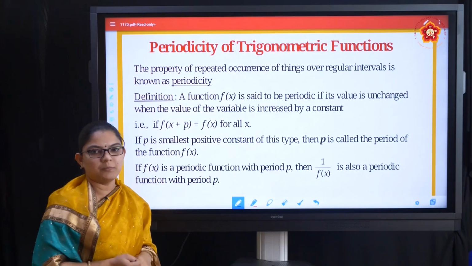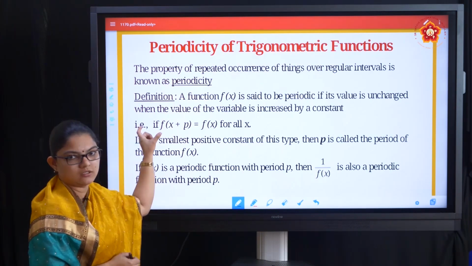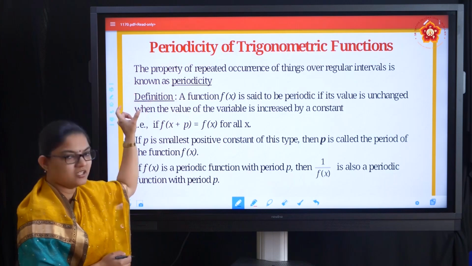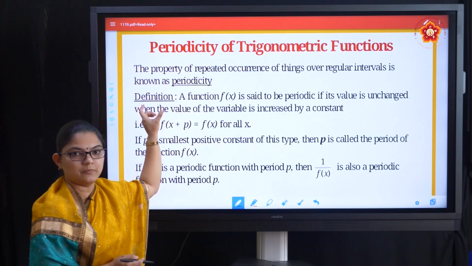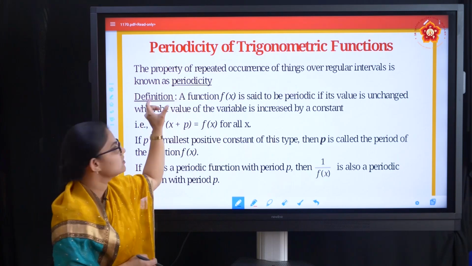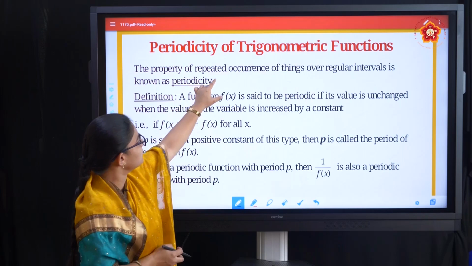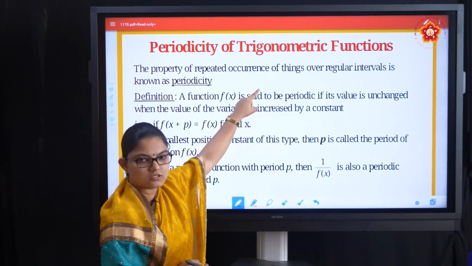So what do you mean by periodicity? Periodicity is nothing but a property. But what kind of property? Here we are referring to the periodicity of a function, that is f of x. So it is the property of repeated occurrence of things.